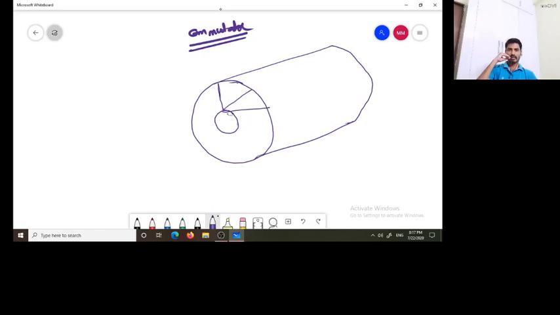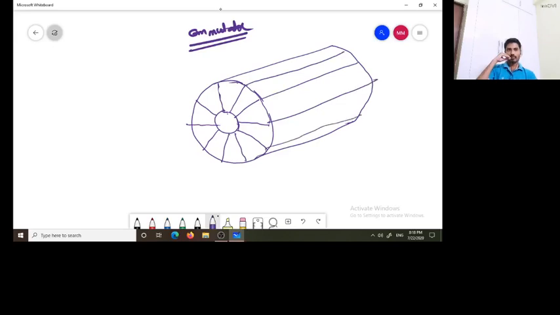We have splits like this in the commutator. A commutator is a large split ring which has splits or segments like this. This is called a commutator.